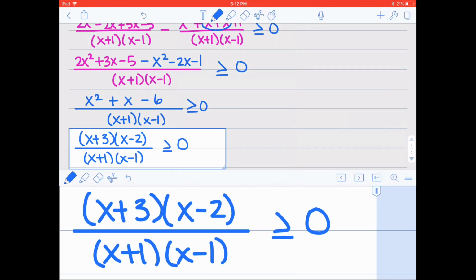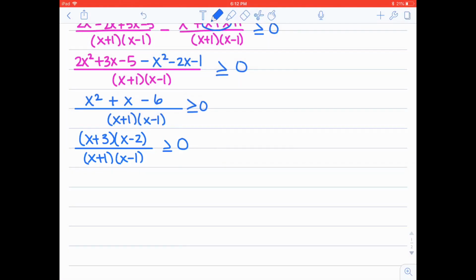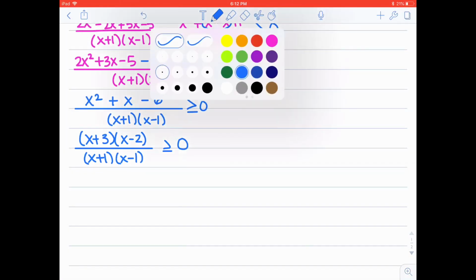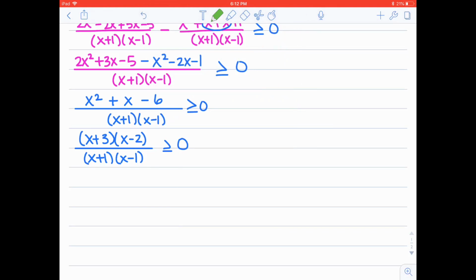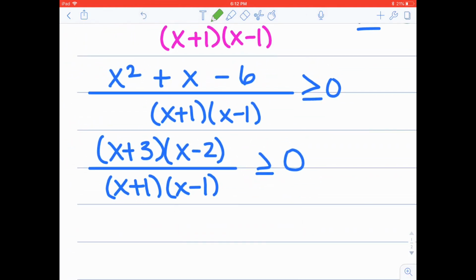So here's the point where we draw our number line. I'm going to switch colors so you guys can see this. On the number line, we know for sure that x cannot equal negative 1 and x cannot equal positive 1, no matter what the inequality says.